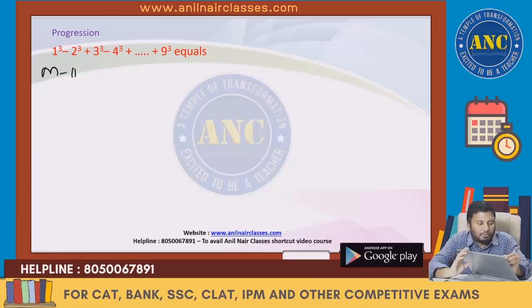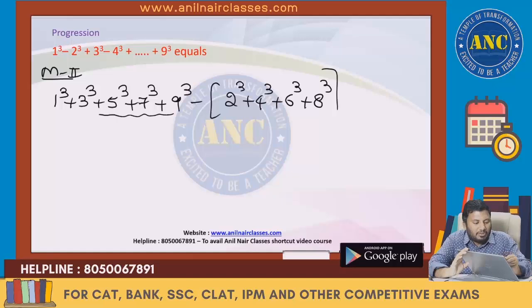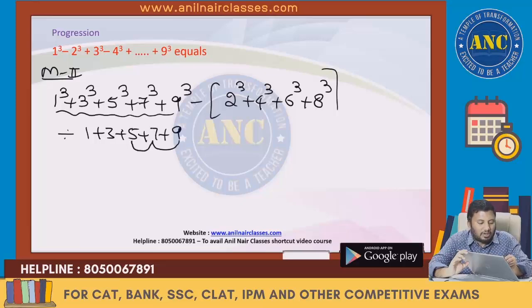Method number 2. This is nothing but 1 cube plus 3 cube plus 5 cube plus 7 cube plus 9 cube minus of 2 cube plus 4 cube plus 6 cube plus 8 cube. Now if you see here, these 1, 3, 5, 7, 9 are divisible by the sum of its bases because the power is an odd number. 1 plus 3 plus 5 plus 7 plus 9 is 25, so it is divisible by 5.